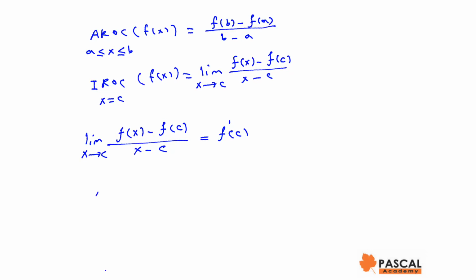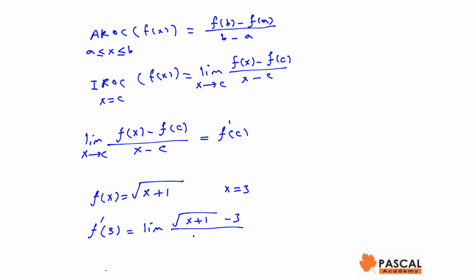Let's find the derivative of f of x equals square root of x plus 1 at x equals 3. f prime of 3 is the limit of square root of x plus 1 minus f of 3, which is 2, divided by x minus 3 as x approaches 3.